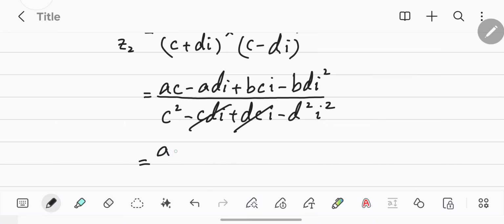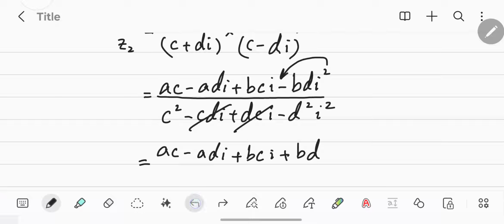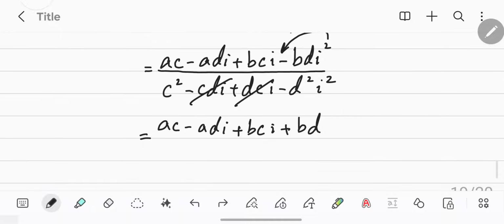Okay. This is ac minus ad iota plus bc iota. This iota square is minus 1 and this minus will make it plus, so I will write here plus bd. In the denominator, c square minus d square, again this is iota square.